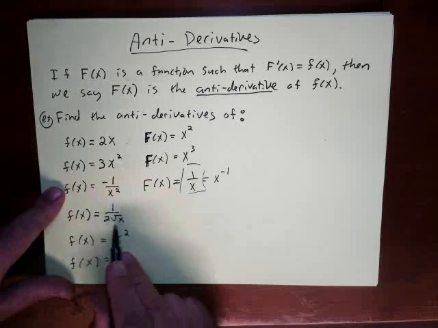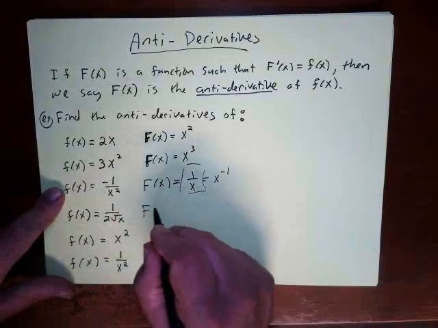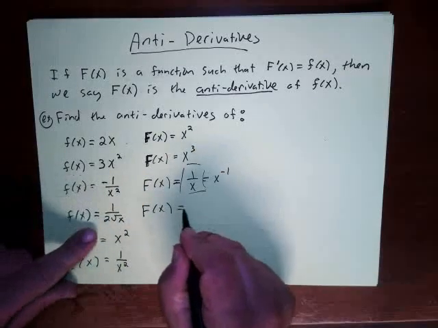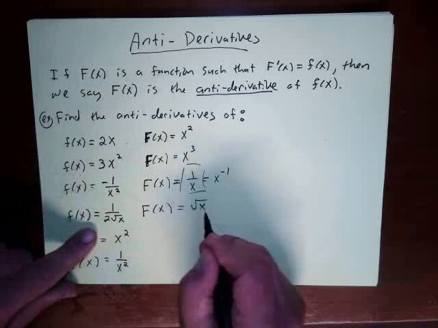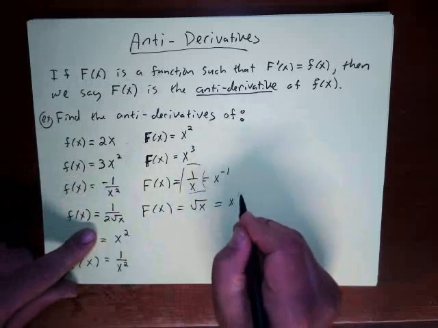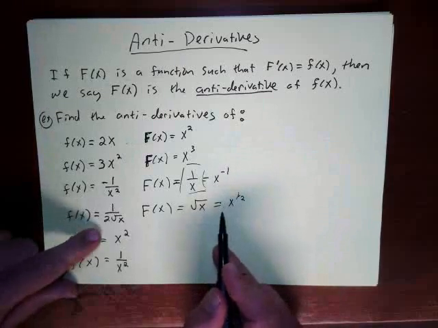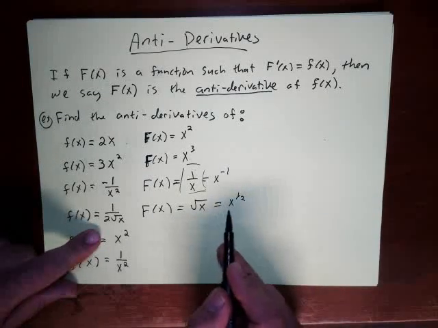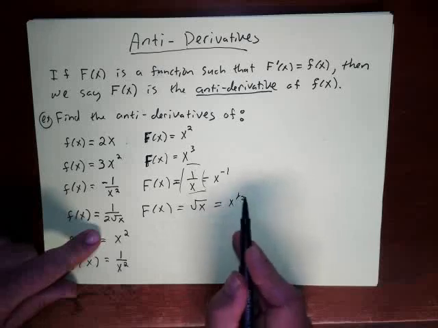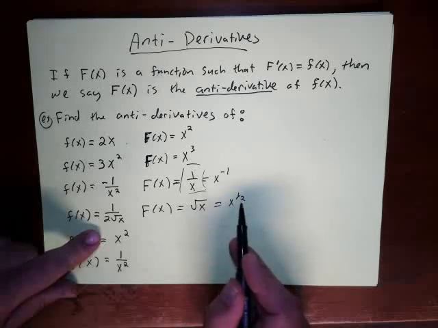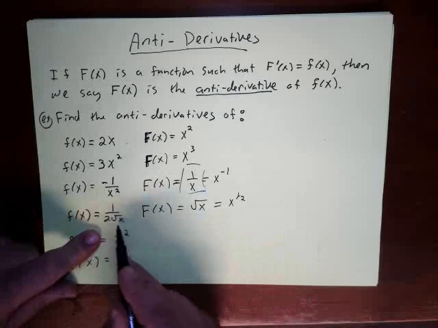Okay? Similar here, the antiderivative of this is the square root of x, or x to the 1/2, because you're bringing down the 1/2, and then subtracting 1 from the exponent, getting a -1/2, which gives you the square root down here.